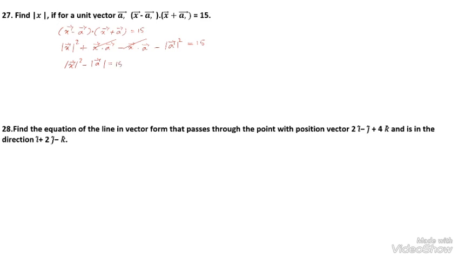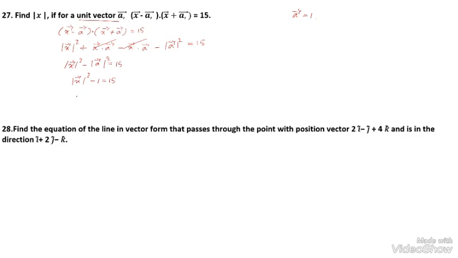Already in that question they have given that vector a is a unit vector. Unit vector means the magnitude of vector a becomes 1. So I can take here magnitude of vector x squared minus 1 is equal to 15.